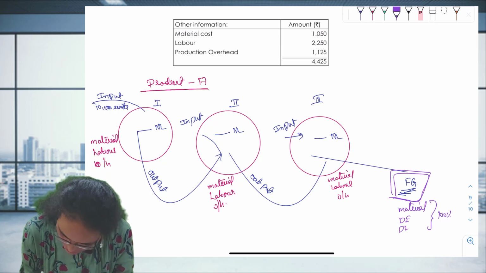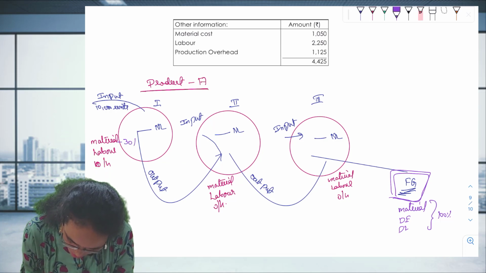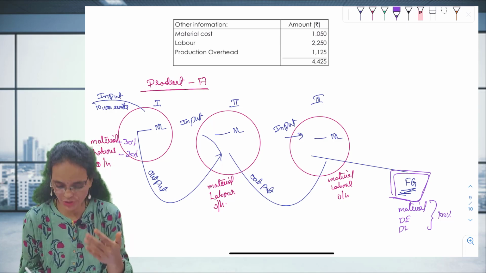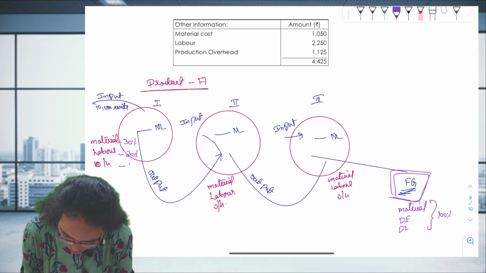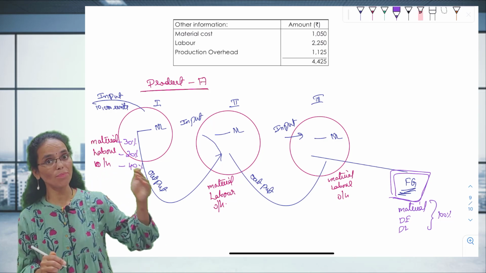It means here, take the example, 30% of the material has been consumed and 20% of the labor cost is consumed, and overheads, take the example, 40% has been consumed in the previous process.